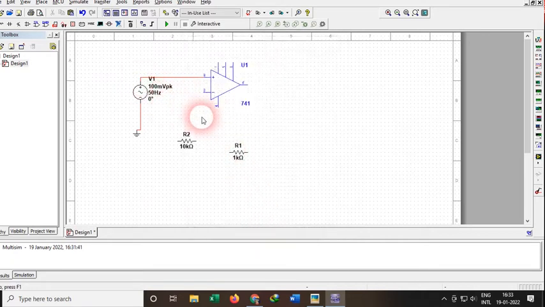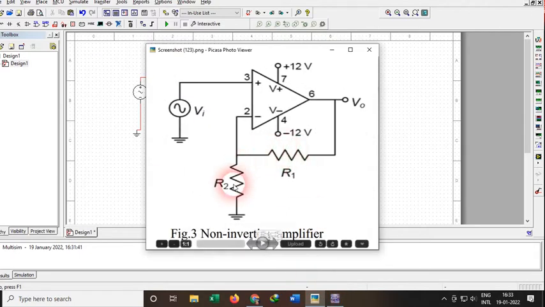Now, as we have seen in the figure, we have to connect a resistance, that is R2, to pin number 2. The feedback resistance is of greater value. So R1 would be 10 kilo ohm and R2 would be 1 kilo ohm.